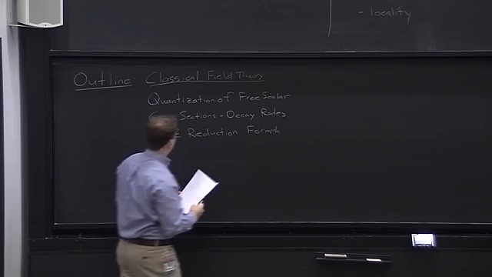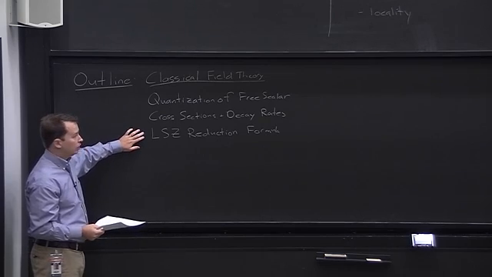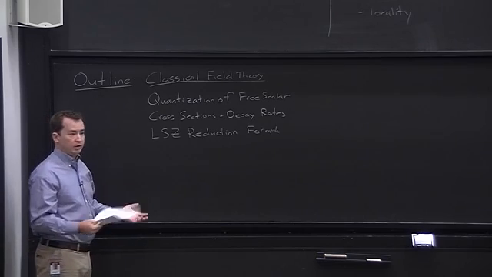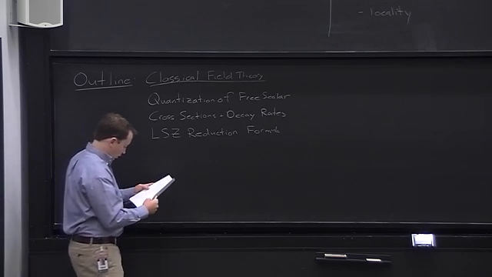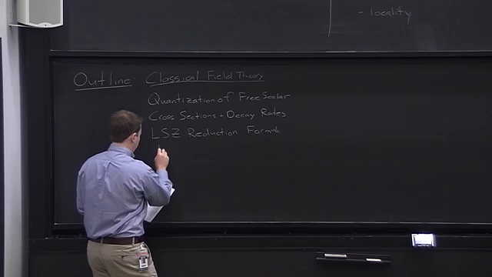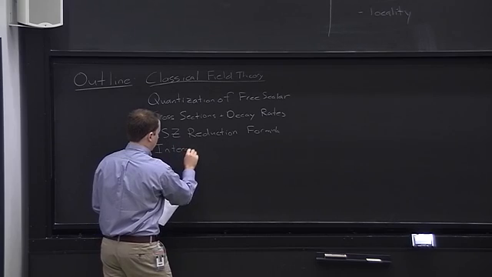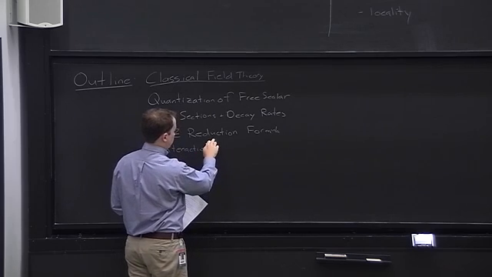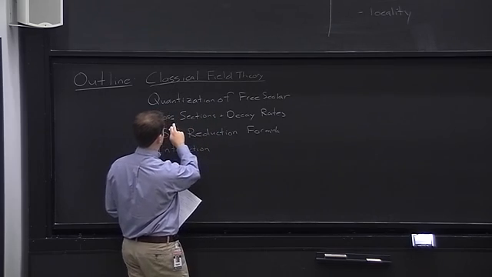And what this formula says is it relates scattering amplitudes to correlation functions, or expectation values of products of fields. And we'll see what that means later. And then in the 5th lecture, we will see how we can actually compute those correlation functions, which we need to compute the scattering amplitudes, which we need to compute the cross sections.